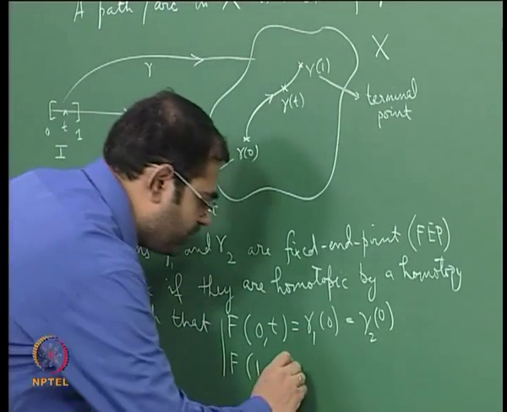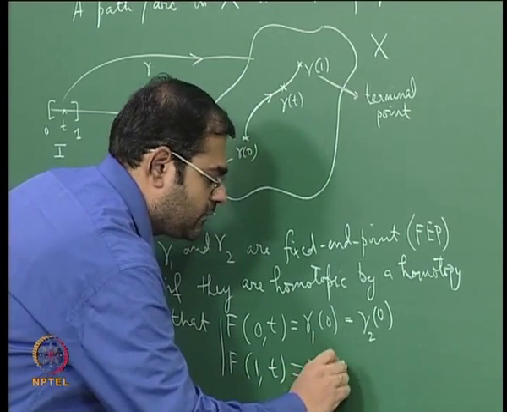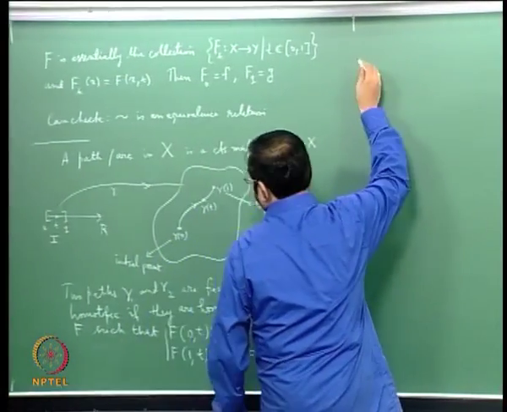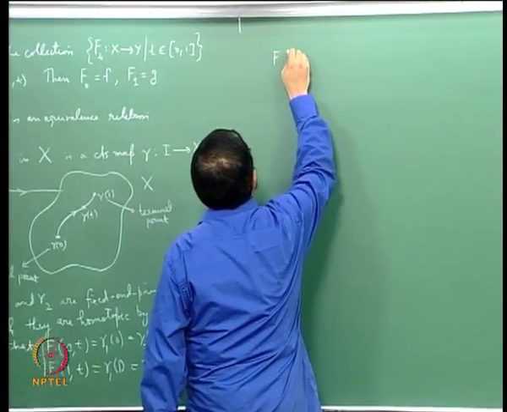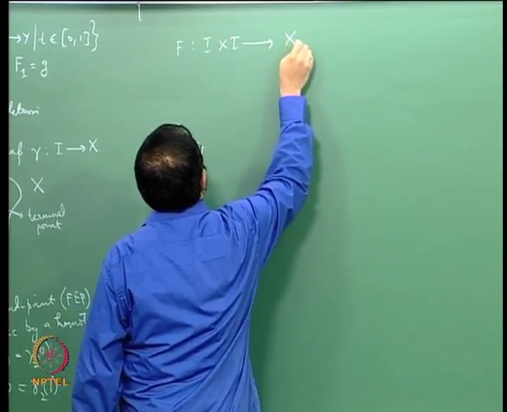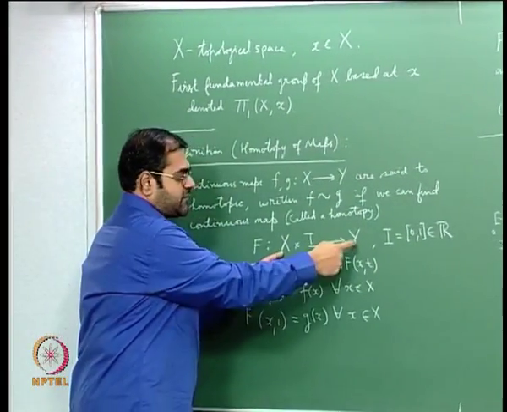So this is right. Let me rewrite it properly. Gamma 1 of 1 is equal to gamma 2 of 1. So what I mean here is capital F is mapped from I cross I into X. So this X has been replaced with Y and this Y has been replaced with X.